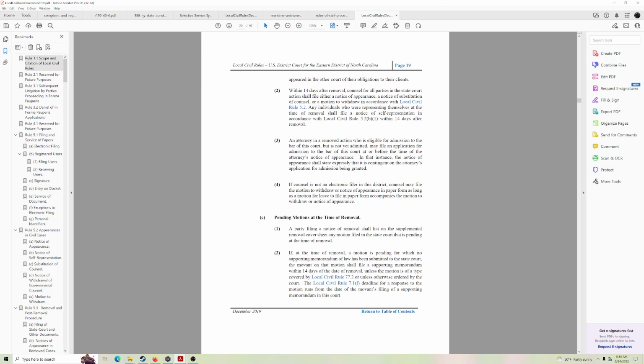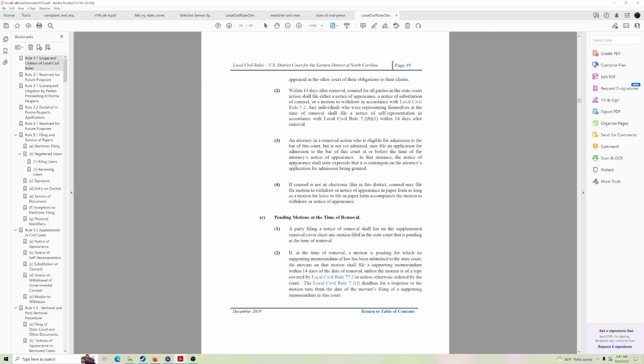3. An attorney in a removed action who is eligible for admission to the bar of this court but is not yet admitted may file an application for admission to the bar of this court at or before the time of the attorney's notice of appearance. In that instance, the notice of appearance shall state expressly that it is contingent on the attorney's application for admission being granted. 4.